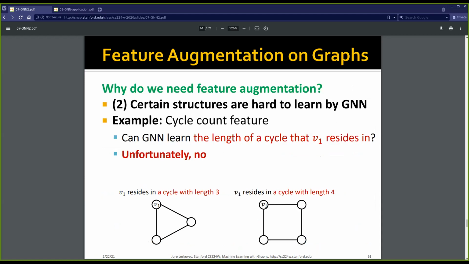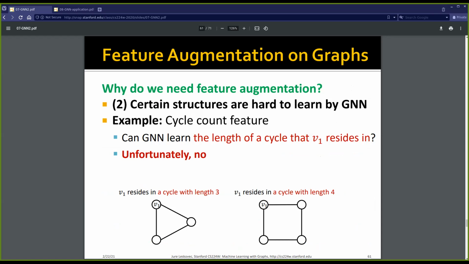Also, feature augmentation can help to overcome basic restrictions of graph neural networks. For example, in these two examples, if we consider node V1, we cannot distinguish whether it resides in a cycle of length 3 or 4.